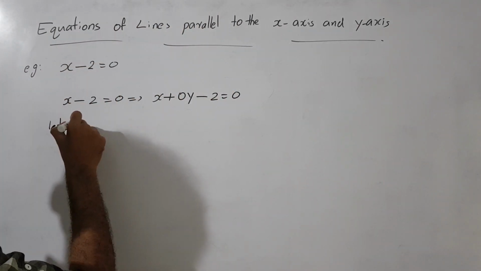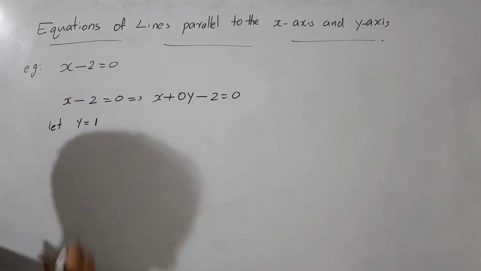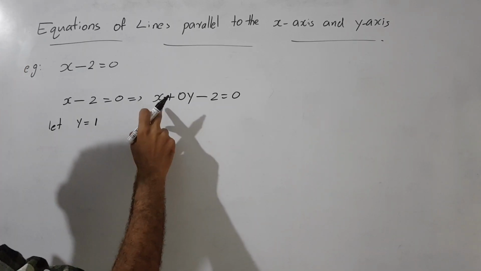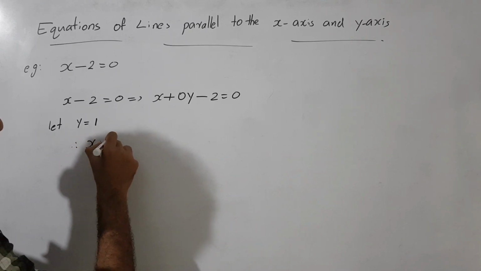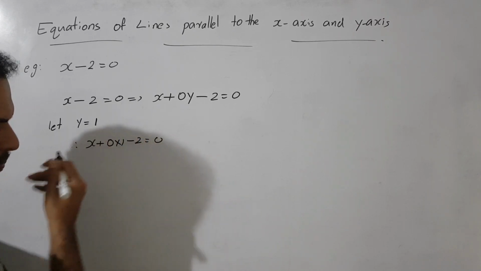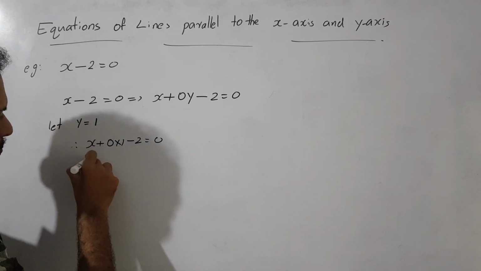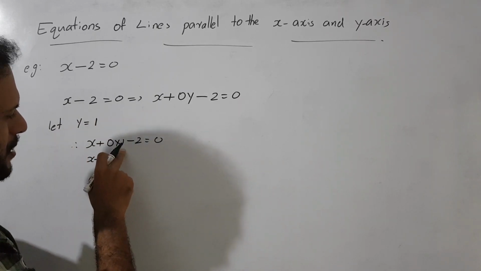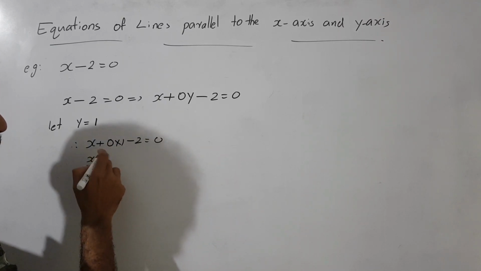Let y is equal to 1. Just suppose y is equal to 1. What is the value of x? Therefore x plus 0 into 1 minus 2 is equal to 0. What is 0 into 1? 0 into 1 is 0. 0 minus 2 is minus 2.